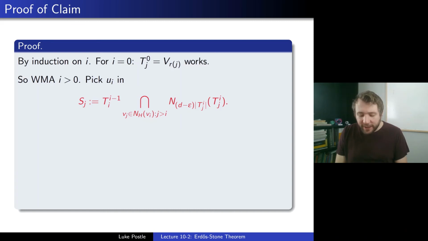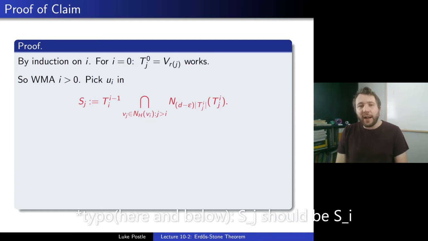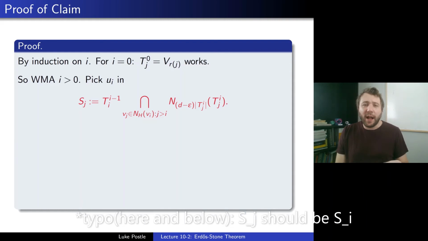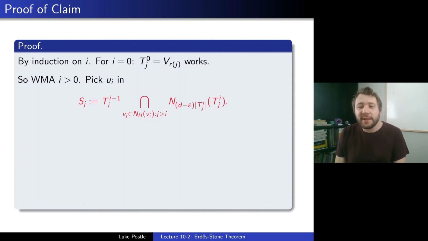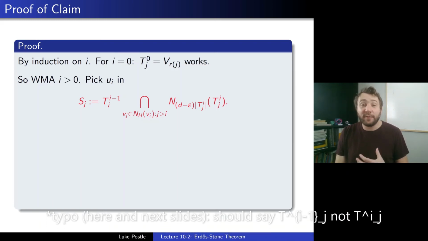What's the trick is we're going to pick a UI in the target set, so that would be T(i, i minus 1), from the previous target set. That should be Si, not Sj, sorry for the typo there. Then what we do is we intersect all of the future neighbors. We make sure that we have a lot of neighbors in there, right?